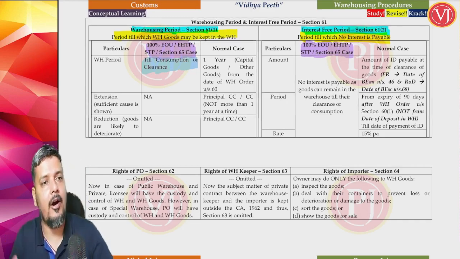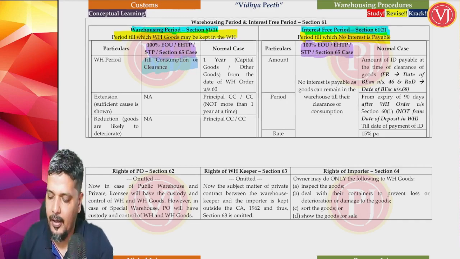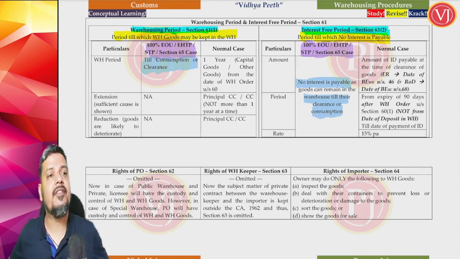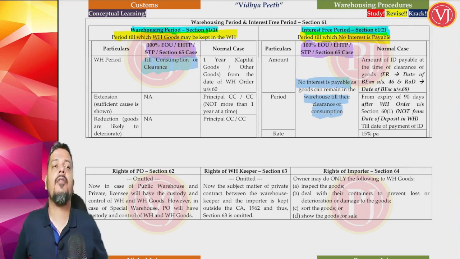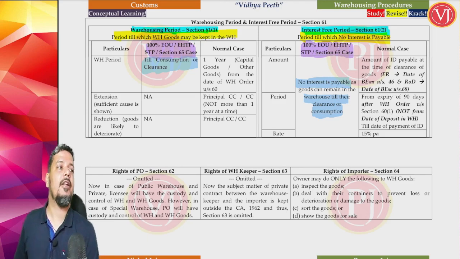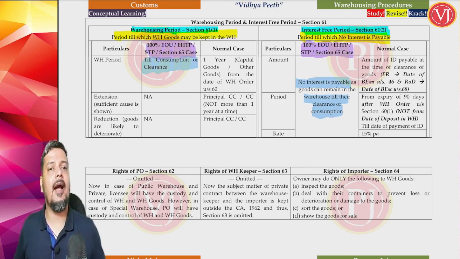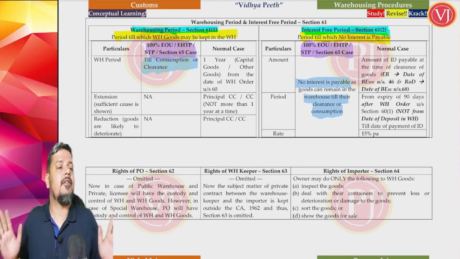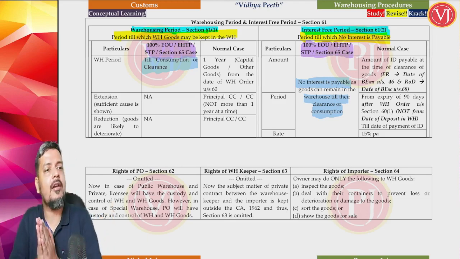And for the interest-free period, interest will not be there because you can keep the goods in the warehouse till they are cleared or consumed. In simple language, for EOU, EHTP, STP and manufacturing in warehouse, section 65, there is no time limit, neither warehousing period nor interest-free period.